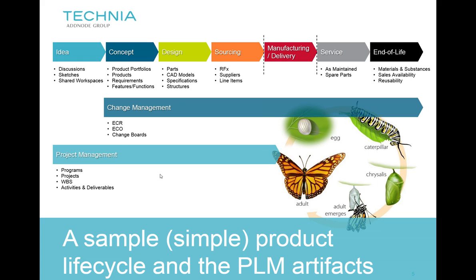So if the project task is supposed to deliver a functional specification, the task is marked done when the functional specification is approved. So those kinds of interdependencies between the deliverables and the actual tasks in the WBS are quite common in the PLM world here. So project planning and project execution across the product life cycle.